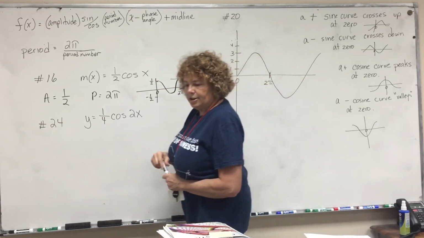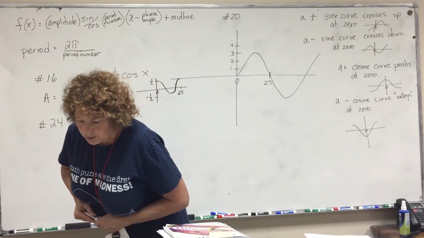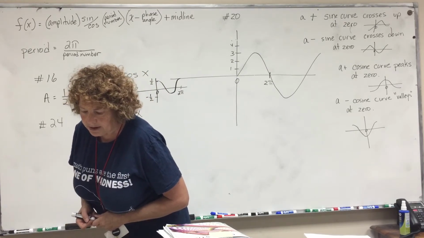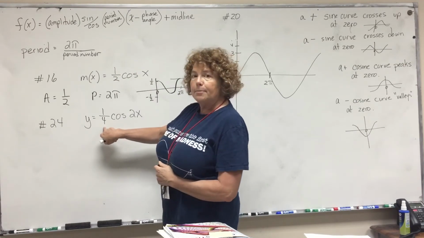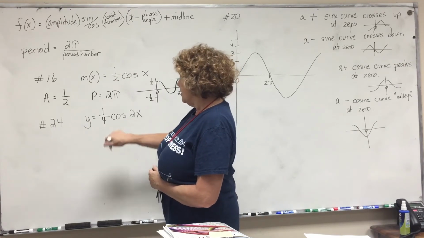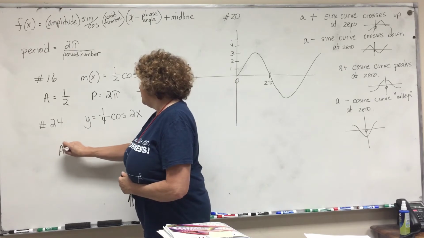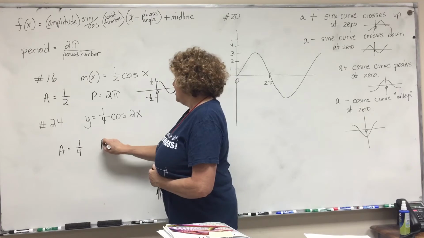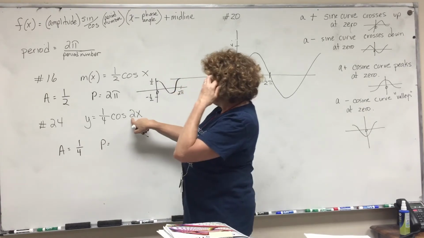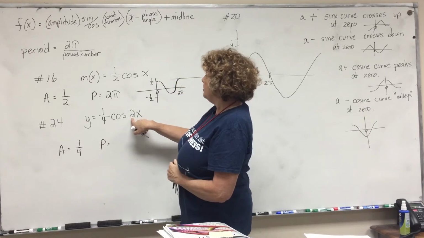All right, let's take a look at number 24. Number 24 says state the amplitude and period and then graph one cycle. So look at this. What is the amplitude? The number in front of cosine. So the amplitude of this is 1/4. The period, there's a 2 in front of the x, so the period number is 2.